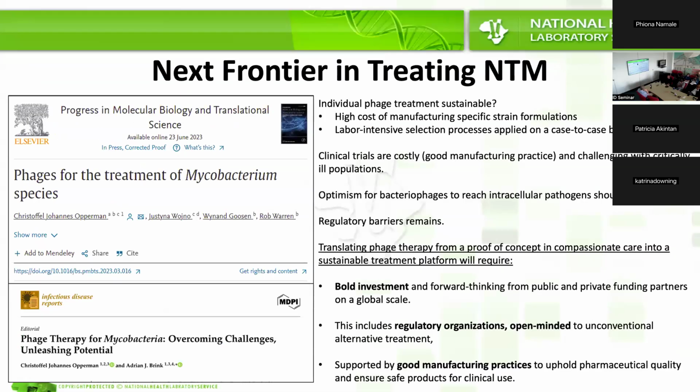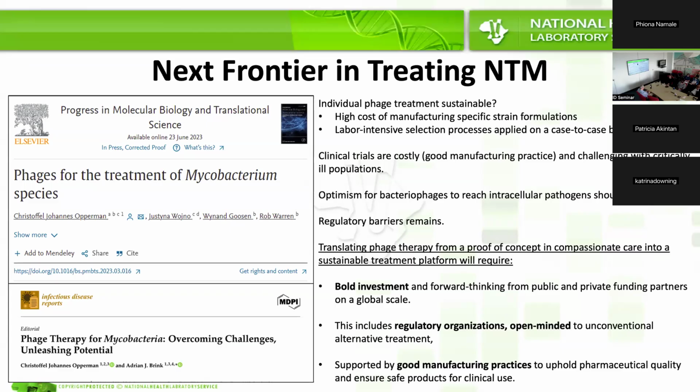And then, last but not least, in terms of treatment, is bacteriophages. I think everyone that's heard me talk has probably heard me mention bacteriophages before as well. The TASK team, just next door, across the road at Tygerberg, they have a dedicated team now that's implementing and looking at phages for mycobacteria species, not just NTMs, but MTB complex as well.